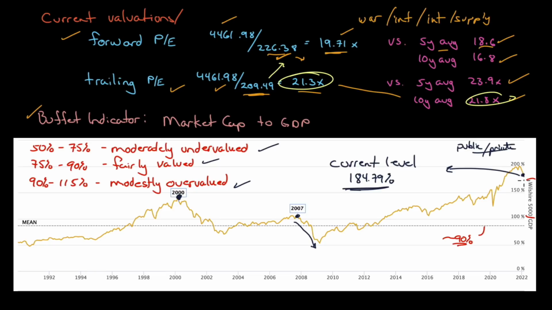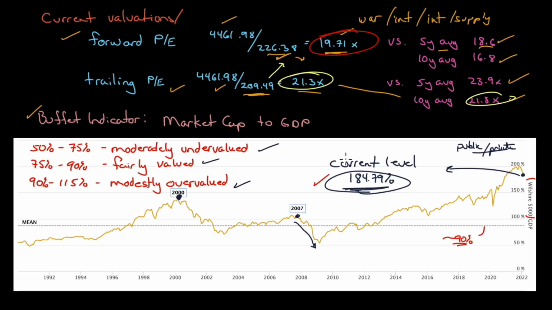But using this indicator, we are massively overvalued. Being above the 5-year average and well above the 10-year average suggests that we are somewhat overvalued. The CAPE ratio is along these lines as well. Once you adjust for inflation, it is saying, look, you're significantly overvalued as well.